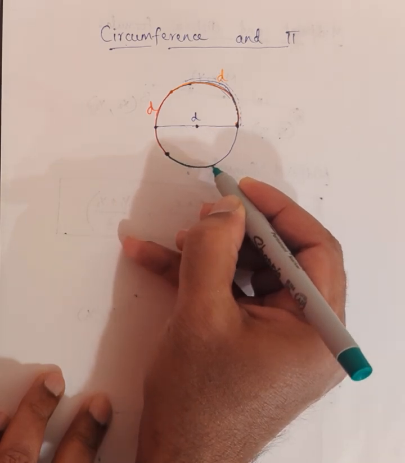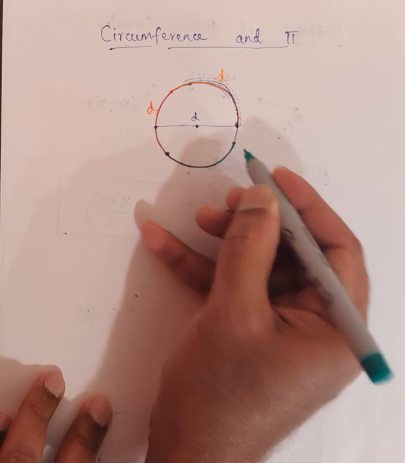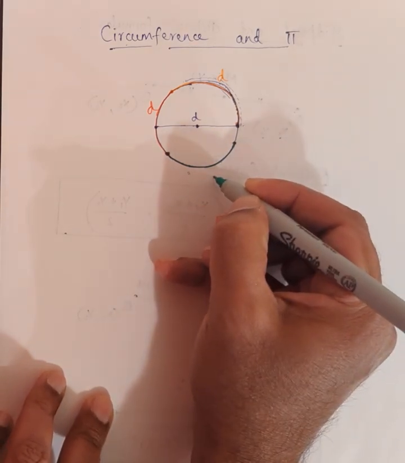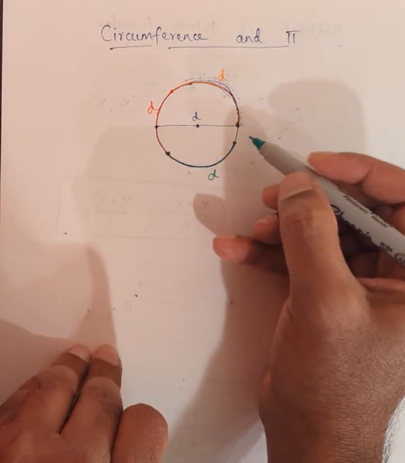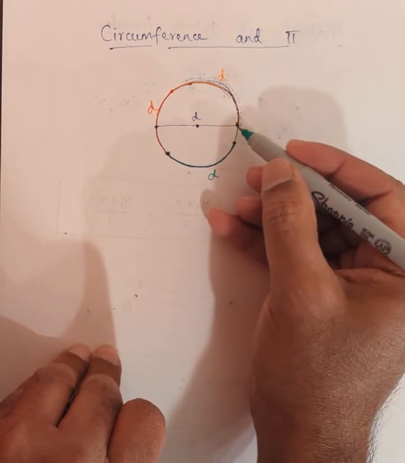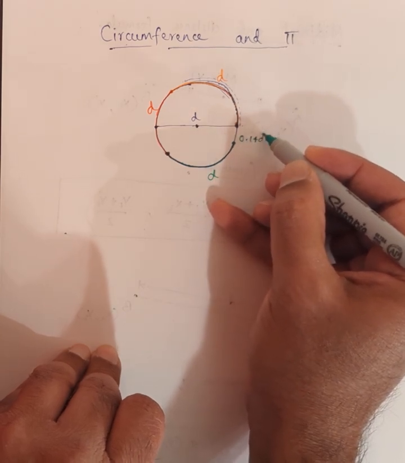The third diameter comes really close, but it won't complete the circle. So three diameters are about the circumference, but there is a little bit more, and this is like 0.14 diameters.